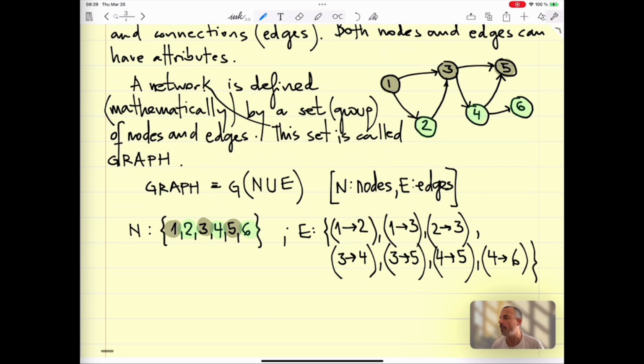So we have 6 nodes and 7 edges. All right? Any questions?